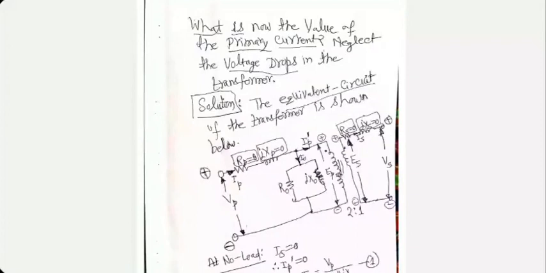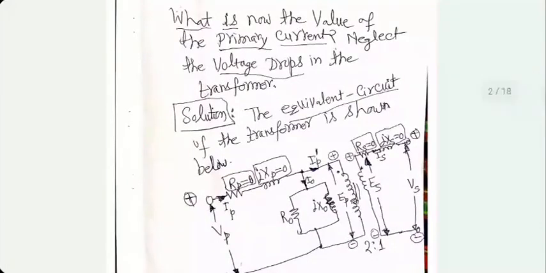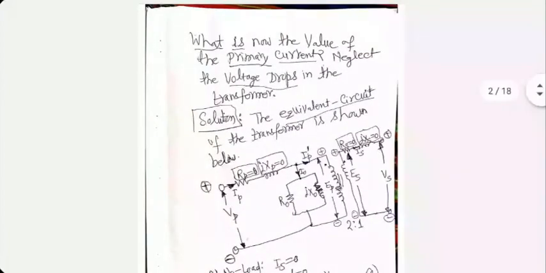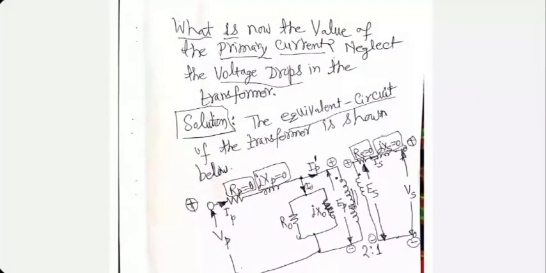Anyway, the point is IP prime will not be there because IS is 0. So the primary current of the lossless transformer that is shown in the middle will not be there. However, the core would still draw a current which I am showing as I0. So the current IP being drawn by the primary is the same as current I0, the core current.